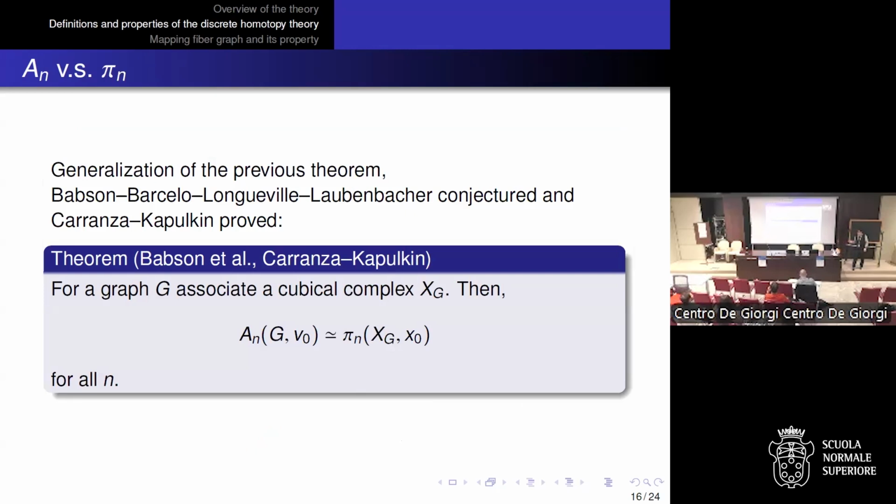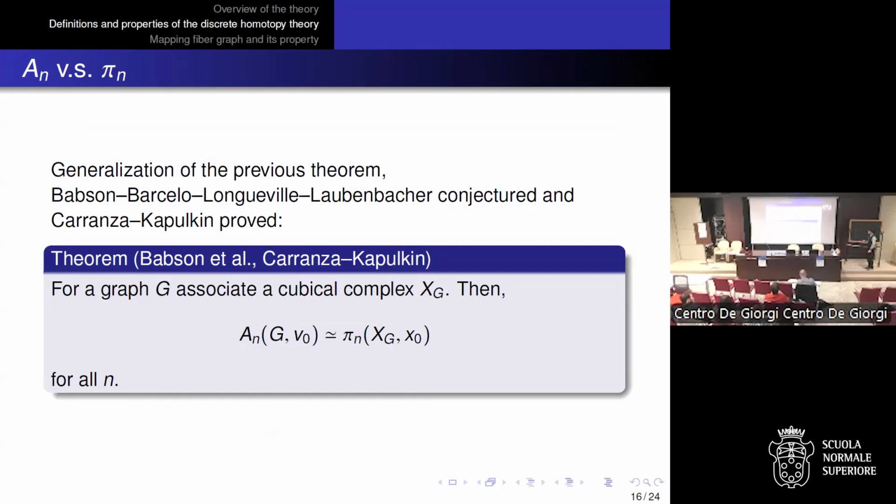Two years ago, Kapulkin and Babson et al. conjectured it, but to prove this theorem, they assumed a kind of cubical version of the simplicial approximation property, which is still an open problem. But Carranza and Kapulkin avoided assuming such a property, using cubical homotopy theory instead. Then they showed this isomorphism.